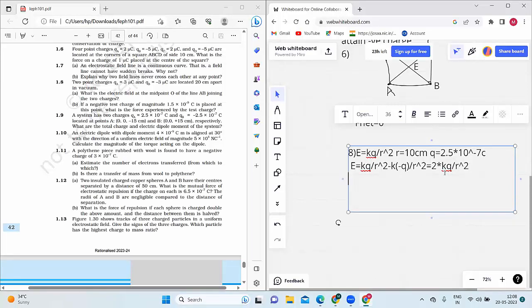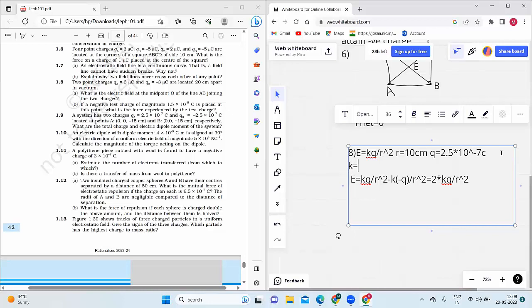By substituting the values, we have the value of K as 9 into 10 power 9 Newton meter square per Coulomb square.